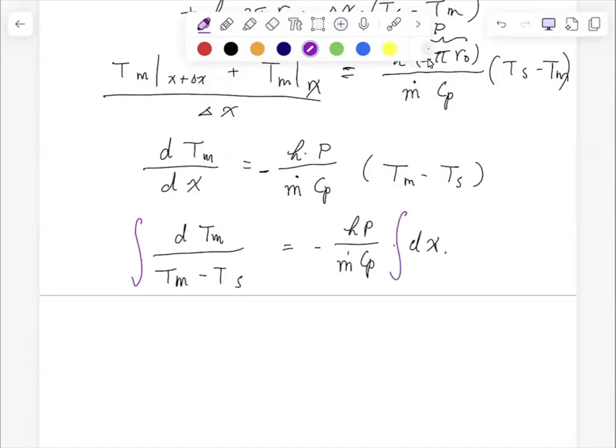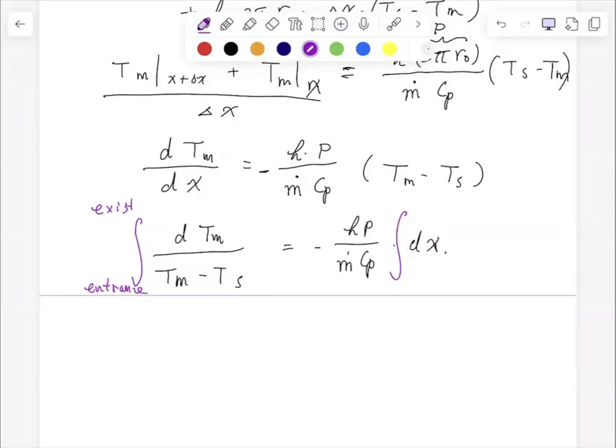The constant, I moved it out. And then the range of the integral is basically from the entrance to the exit.